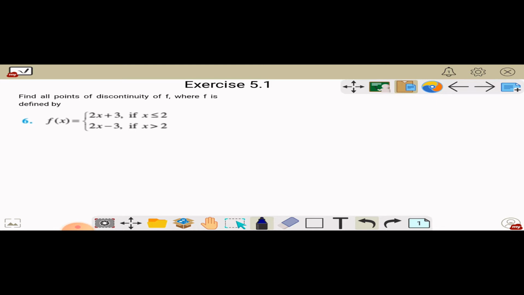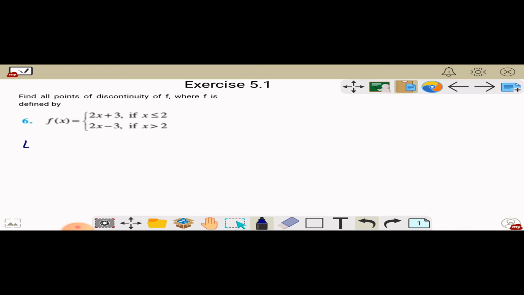So here for this function we have to check the continuity for three cases. All the points which are less than 2, then x is equal to 2, and then all the points which are greater than 2. So suppose c is a real number.